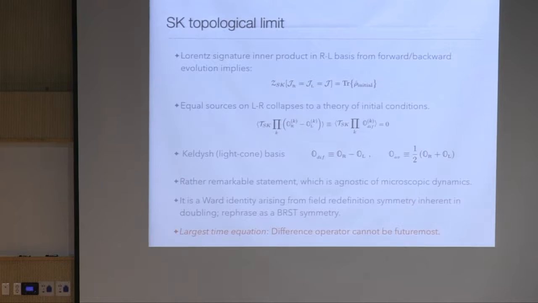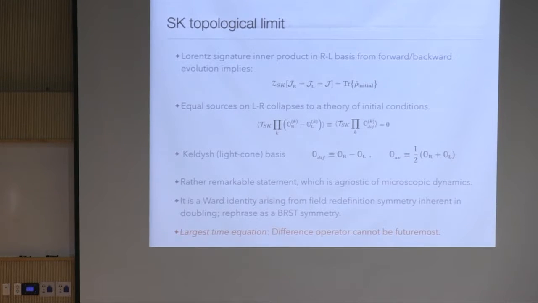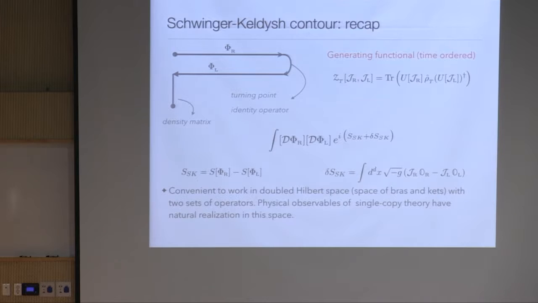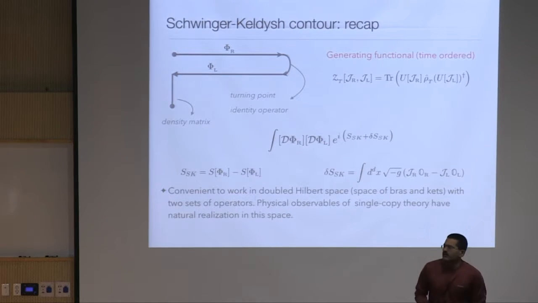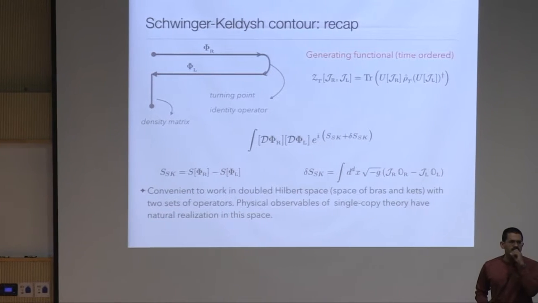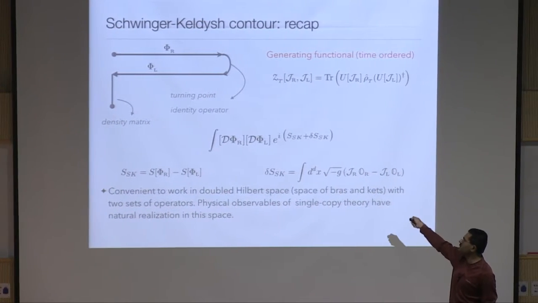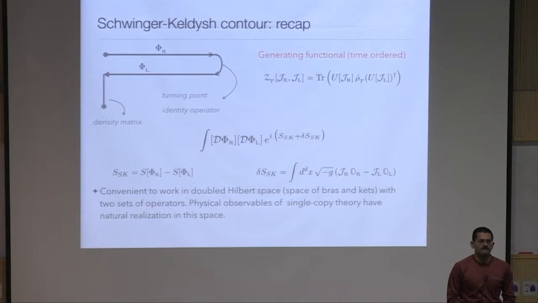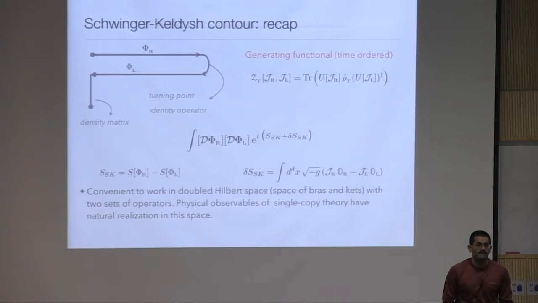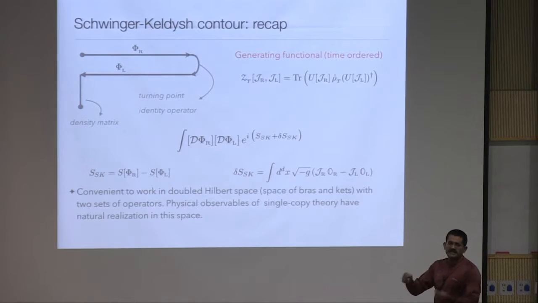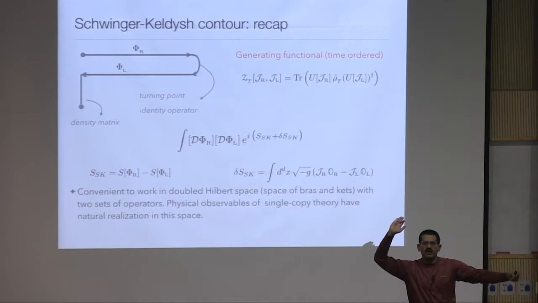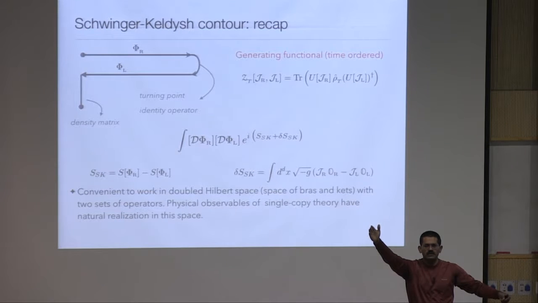There's one other statement which is slightly trickier to implement, but also true. So let's imagine now that you don't do what I just said. You don't set the sources the same. What you do is you try to start computing correlation functions of average operators, difference operators, what have you. But let's say for some reason you decided to put a difference operator at the futuremost time. What would that give you? It would give you 0 because there's some n plus 1 point function with the difference operator at the futuremost point.